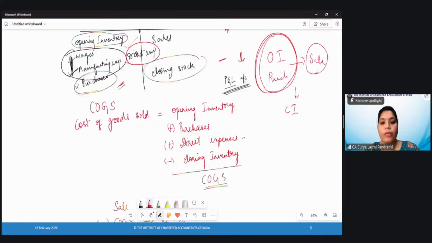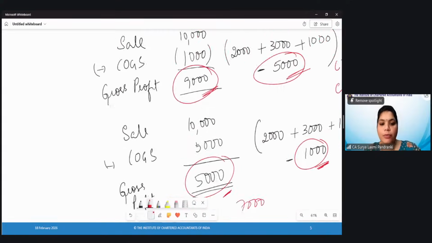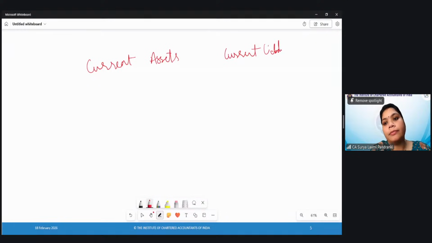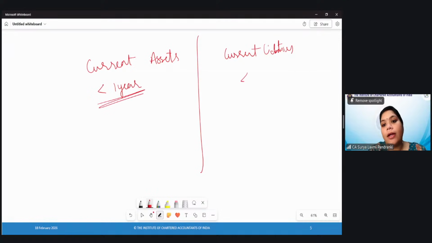Okay, I'll move to this since you are not aware of what net working capital is. Let us take that. Now, you must be knowing what current assets and current liabilities are, right? Current assets means if it is an asset which will be for less than 1 year, then it is called a current asset.